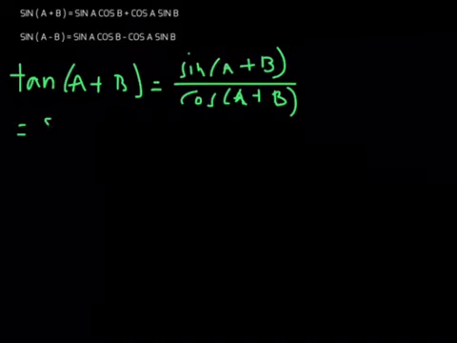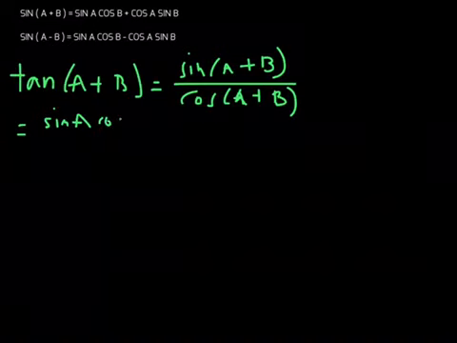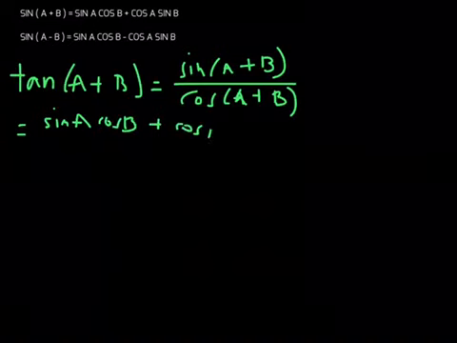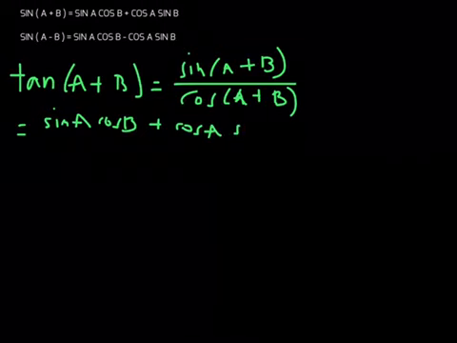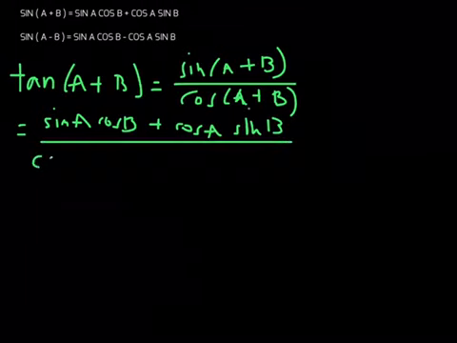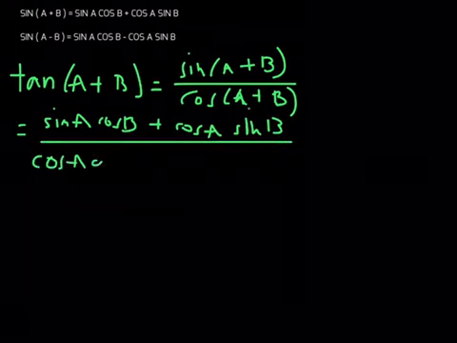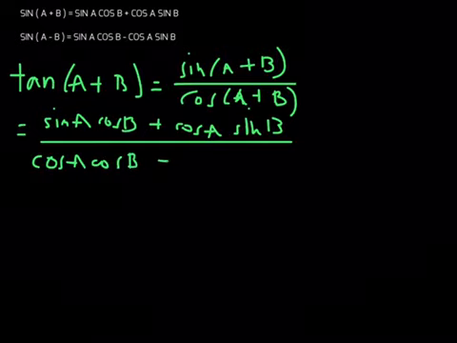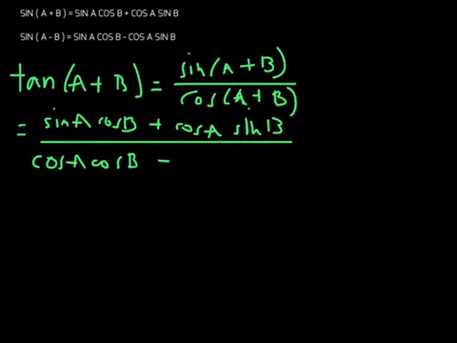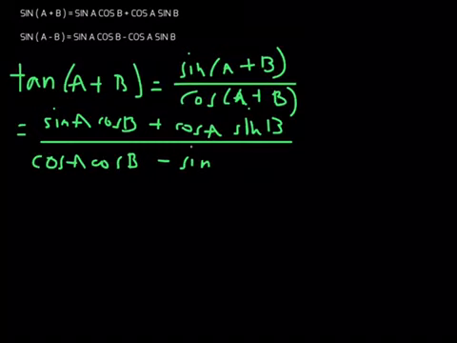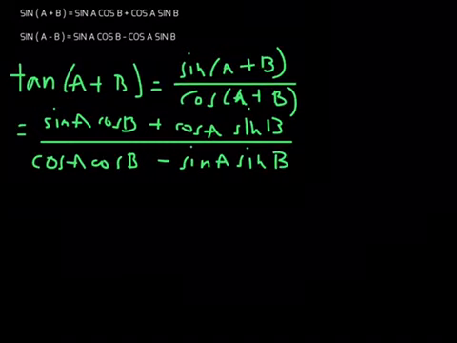So we have sine of a cosine of b plus cosine of a sine of b in the numerator, over the denominator, which is cosine of a cosine of b minus sine of a sine of b. We derived both of those already.